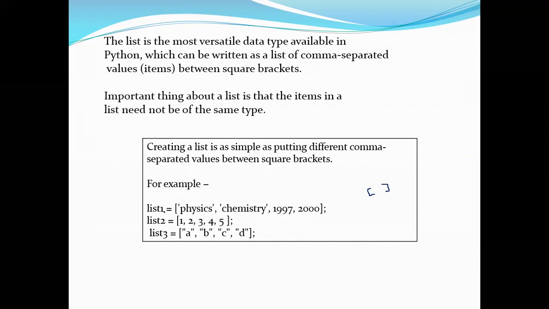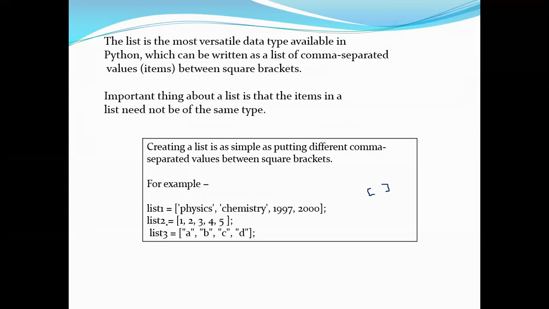Here I have an example for you, which is list1 equal to physics, comma, chemistry, comma, 1997, comma, 2000, enclosed inside square brackets. So this is a list having 4 items, with strings and numbers. There are 2 types of data items present, all separated by commas and enclosed inside square brackets.